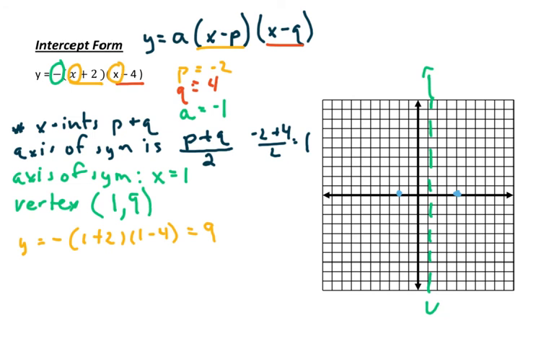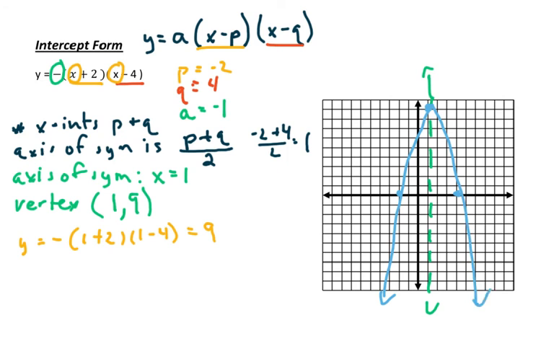So I'm going to go over 1 and up 9. 1, 2, 3, 4, 5, 6, 7, 8, 9. And place my vertex point. All right, so clearly I can see that this graph is going to do this.